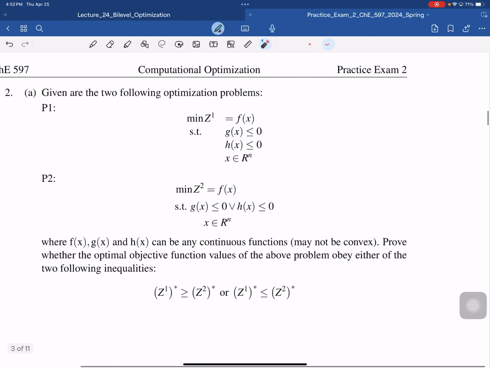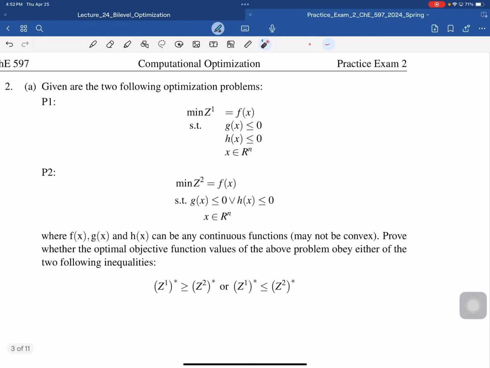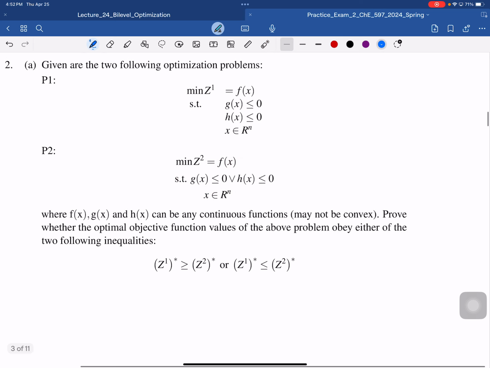It is very clear that the feasible region of the second problem is larger. Right? So you can define perhaps 2 sets: the first set, let's call it set A, is x such that x satisfies g of x less than or equal to 0.